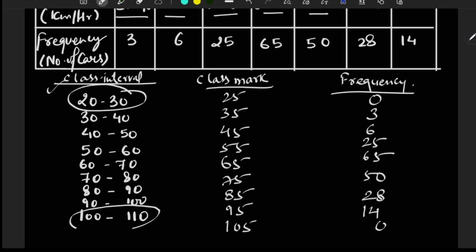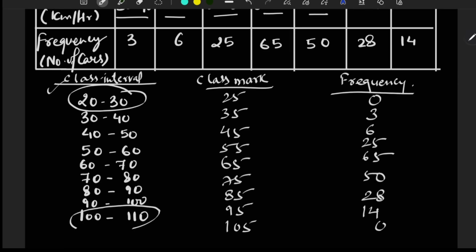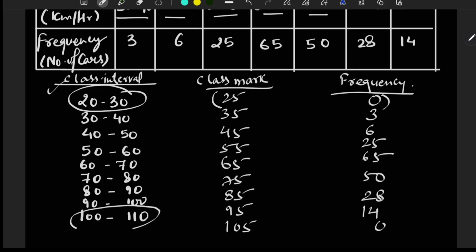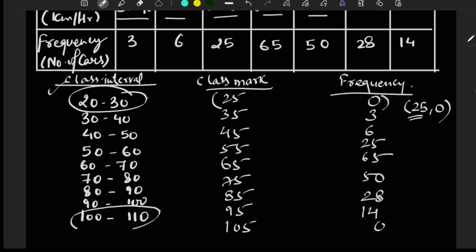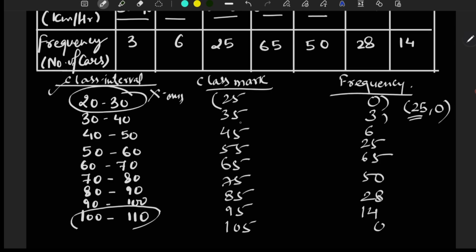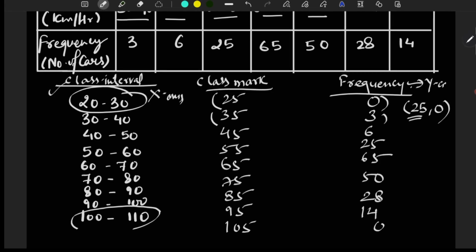Now while constructing the frequency polygon and graph, you need to understand that the class mark and the frequency, these are the 2 points that we will take. Like the first point we will take is 25 and 0, where 25 will be on the x-axis, because we always represent the class interval on the x-axis, and 35 and 3 is the second point. Zero frequency we will represent on the y-axis.